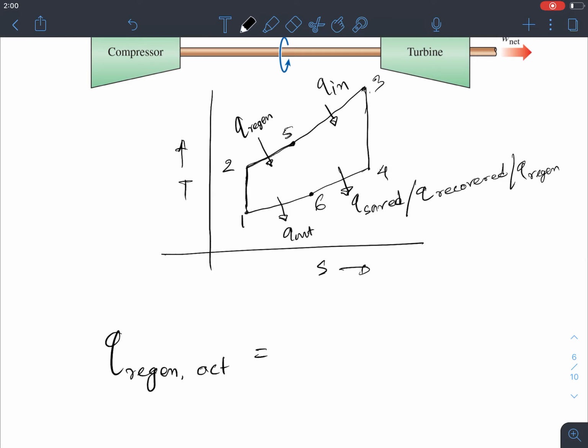In actual cases we see this one, but in the ideal cycle the temperature will increase more. So in the ideal case it would look somehow like this, with 5 prime, and this is 5 prime. So I think it will be a little bit changed.